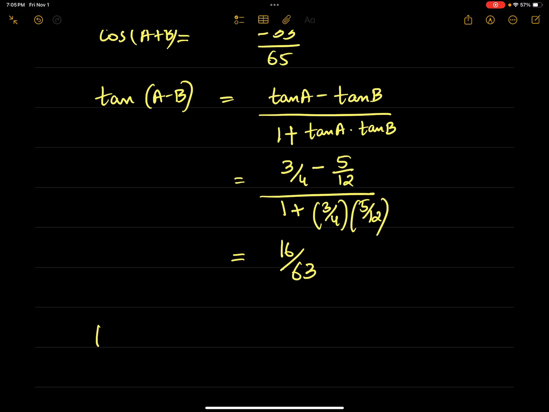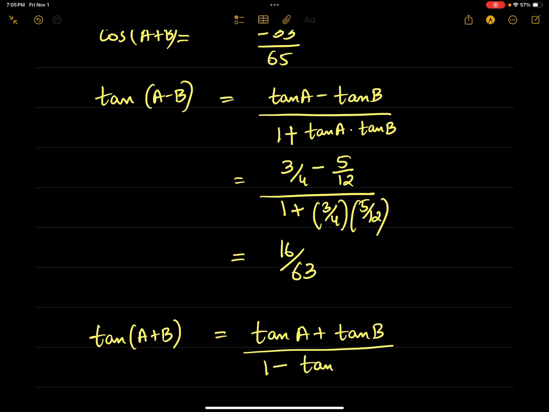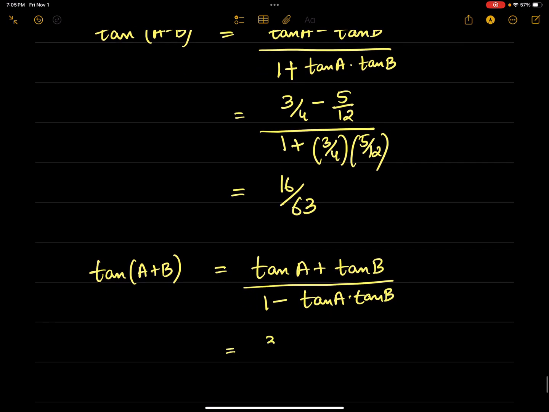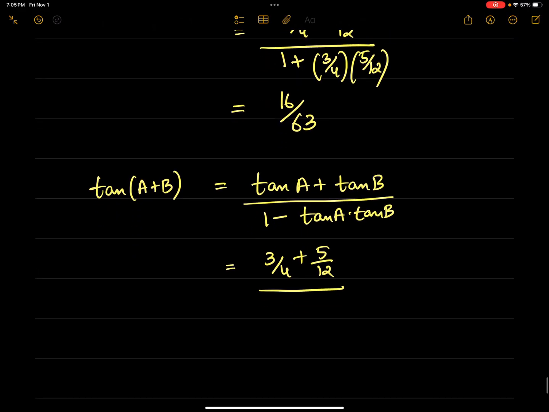Now let's go to the next one. Tan of A plus B, which is tan A plus tan B divided by 1 minus tan A tan B. So we would get 3 by 4 plus 5 by 12 divided by 1 minus 3 by 4 times 5 by 12. So we would get, let's find out the common denominator.